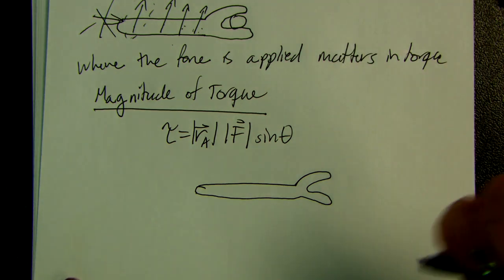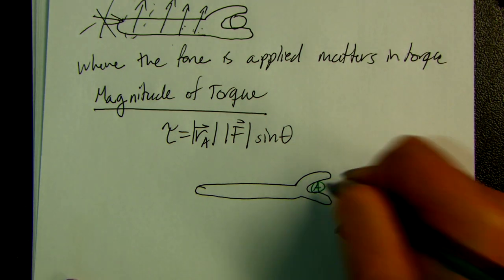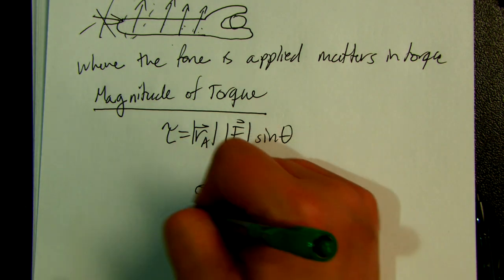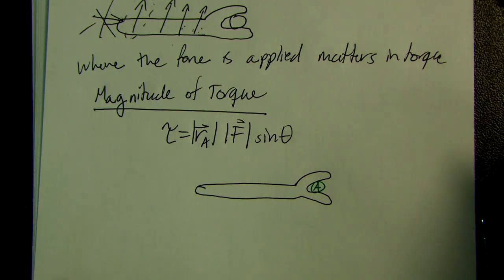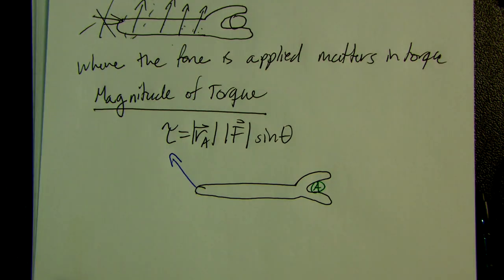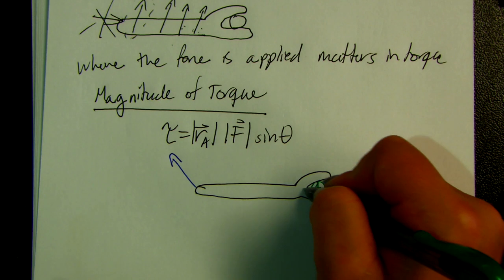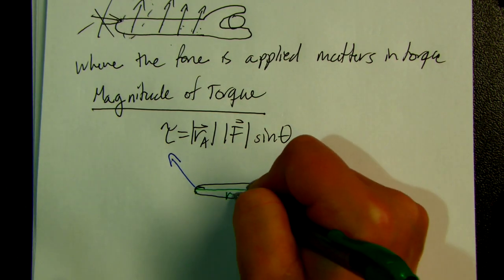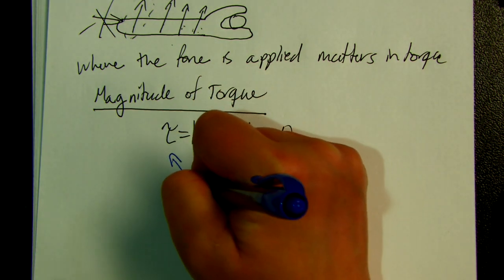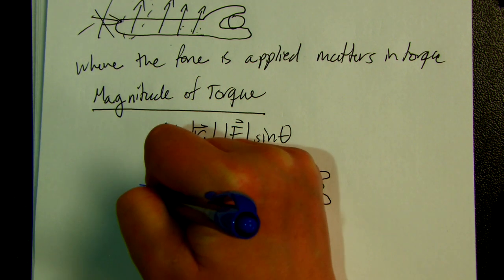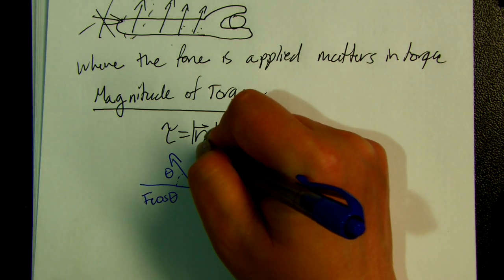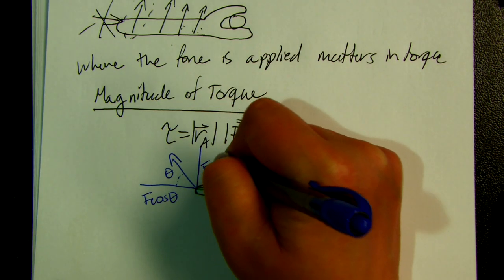If we want to look at perhaps the torque, put part A, or position A relative to what you're trying to twist, then if you apply a force near the end, perhaps like so, then your RA would be right along here. Then we would have F cosine theta. This would be theta.